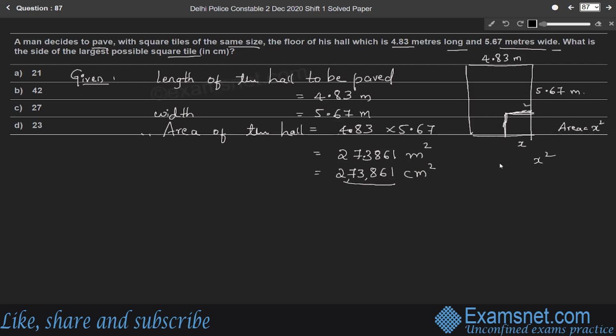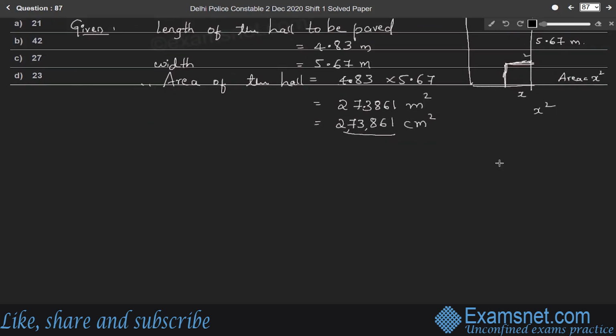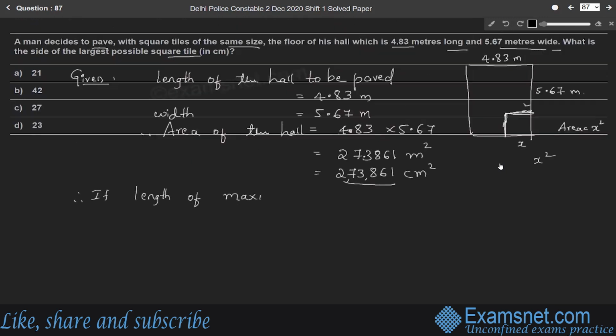Therefore, if length of the largest tile is x, then its area will be x square, right?